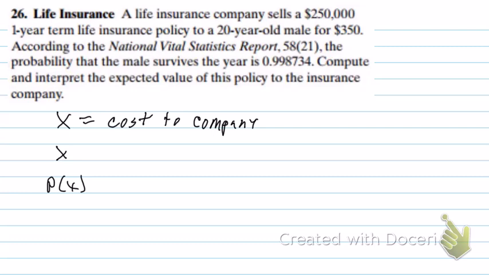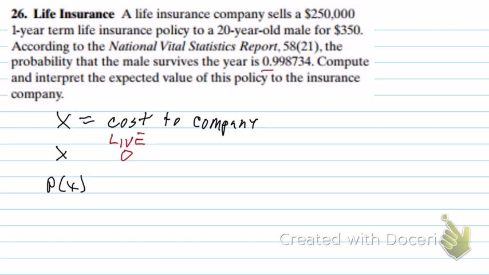Okay, X only has two values, right? If you live, what does it cost the company? Nothing. Now, what's the probability of that?